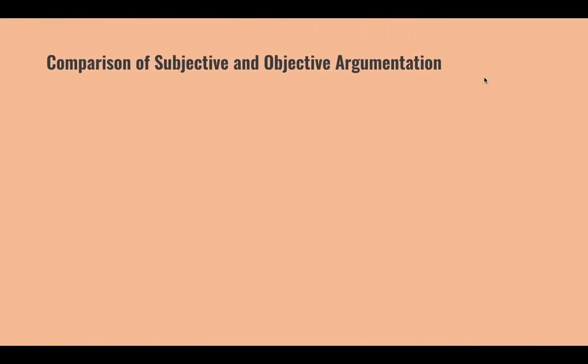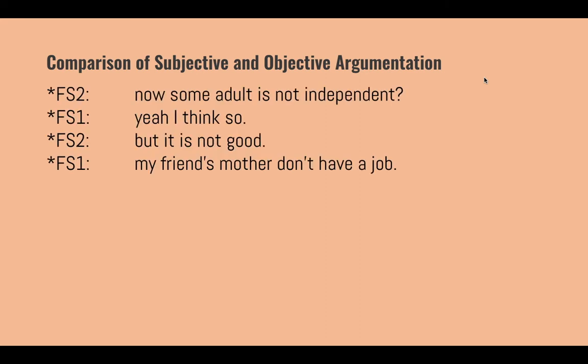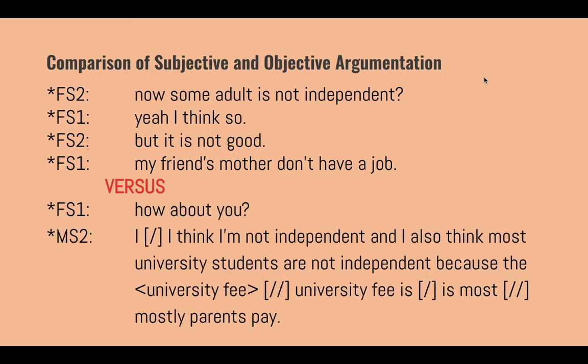In our corpus, the students weren't under any obligation to produce an objective answer. One simple thing to do is to make students aware of what constitutes objective and subjective. For example, here's a subjective instance from the corpus. And it can be contrasted with an objective instance like this.